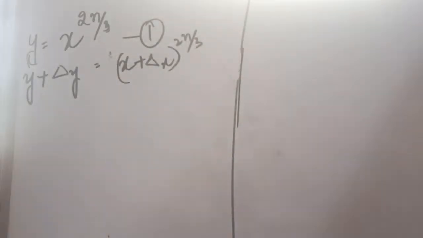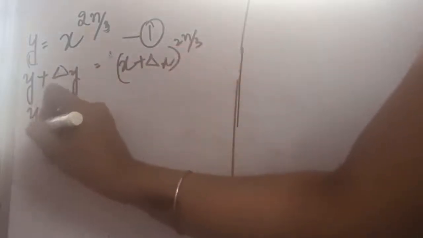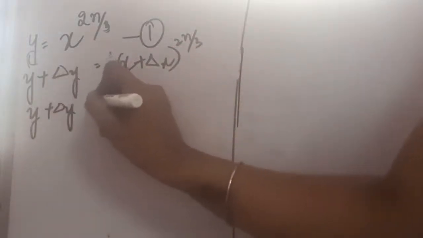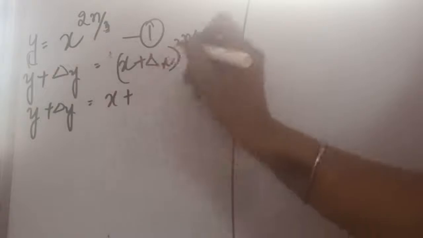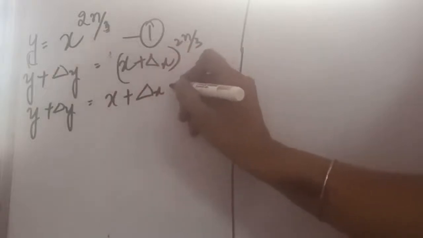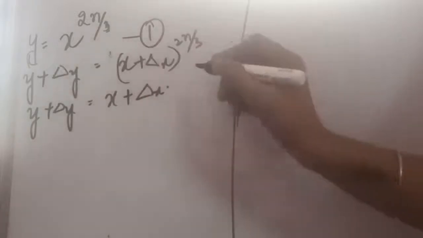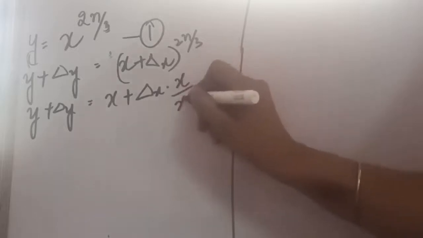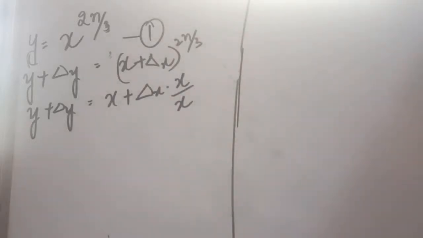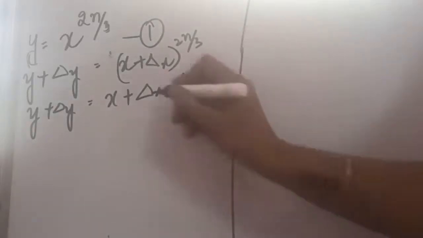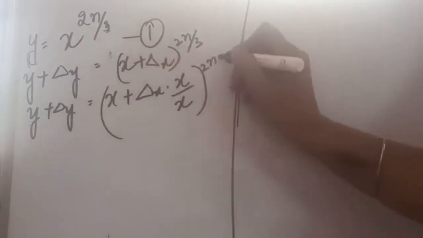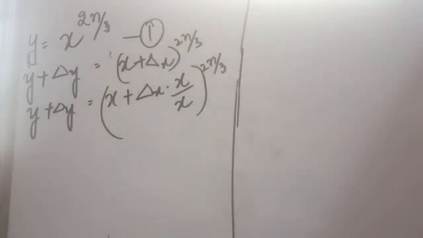To ease further calculations, let us make changes here only. As we have seen in the previous example also, to take out something common, because we want 1 to come here, I am multiplying and dividing by the same element x. So by this we will get power 2n by 3.